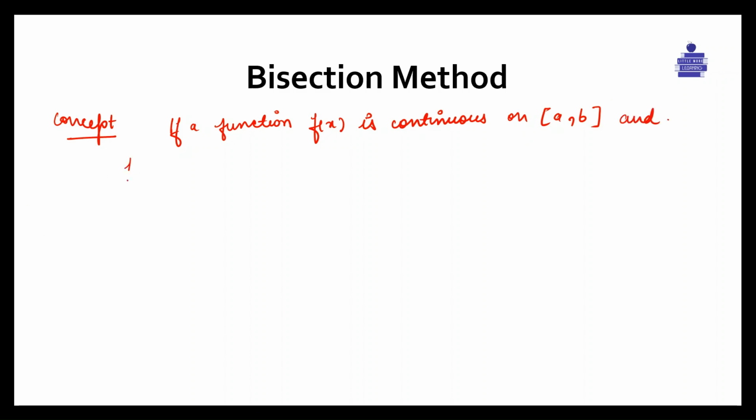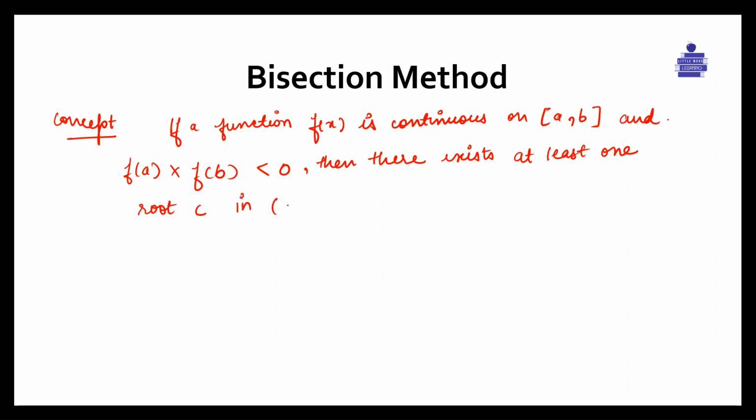It is based on the intermediate value theorem, which states that if a function f(x) is continuous on [a, b], and f(a) multiplied by f(b) is less than 0, then there exists at least one root c in [a, b]. This is the statement of the intermediate value theorem.